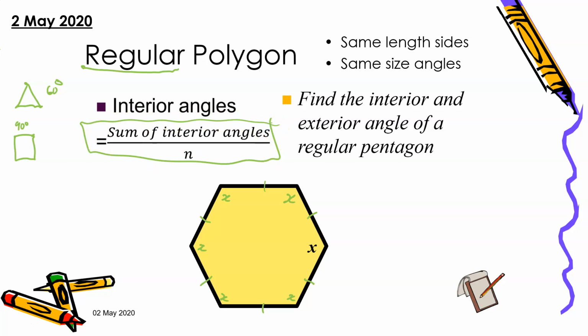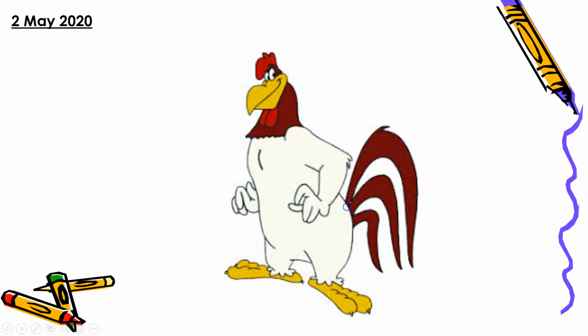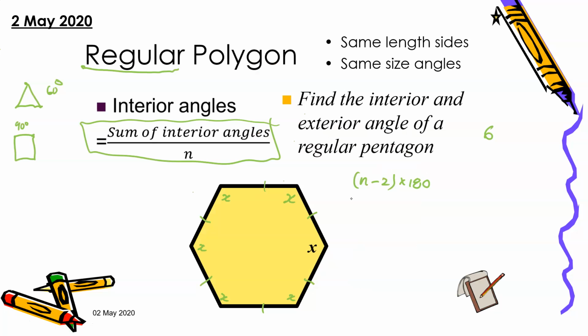So that's where this calculation comes up. If you want to work out the individual interior angles, not the sum, you just take the sum and divide it by how many sides there are. So here we've got a 6-sided hexagon. First of all, we need to work out what the sum is. The number of sides, take away 2, times 180. So 6 take away 2 times 180, so 4 times 180 gives me the answer of 720.